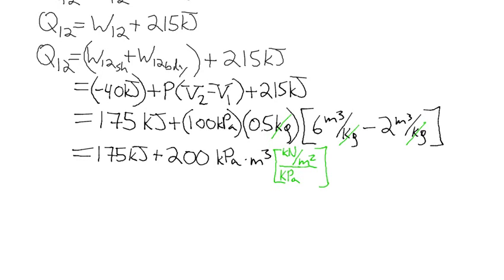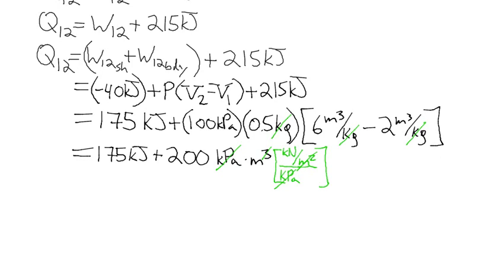So we're going to say kilonewtons per meter squared. Well, if we do that, these kilopascals cancel out. And the meter squared cancels with the meter squared from here, and so we're left with meters. So what we're going to get is a kilonewton times a meter. Now, if we look at the definition of a joule, by definition it is a newton times a meter. So then a kilonewton, which is just 1,000 newtons, times a meter is going to be 1,000 joules, so a kilojoule. So we have that this is actually equal to kilojoules.